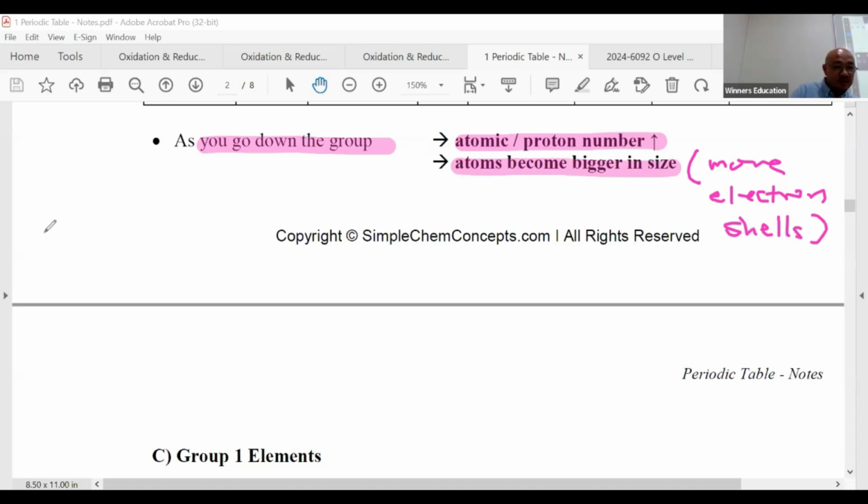I want to add one more. As you go down the group, every group, what do you think about the metallic character? I saw this a few times these days in exams. Very weird.